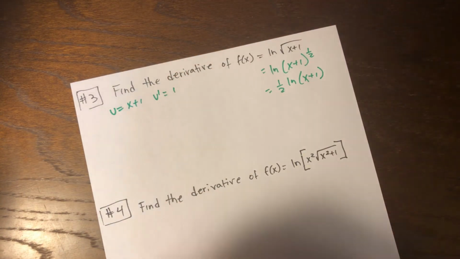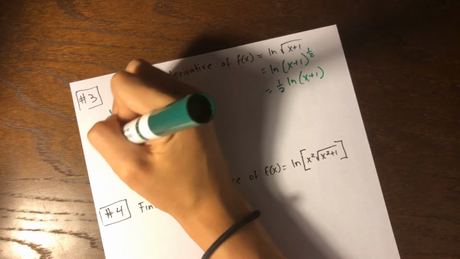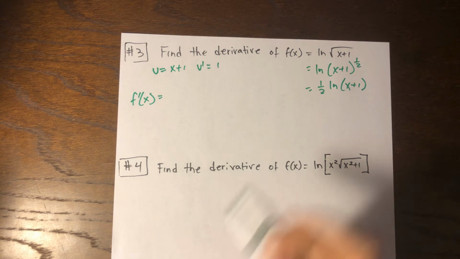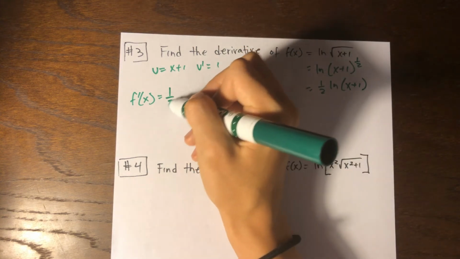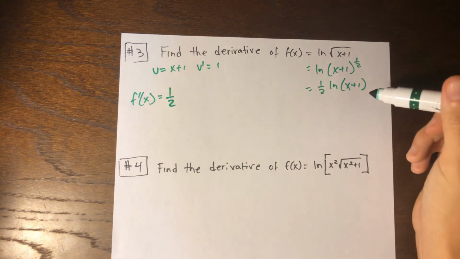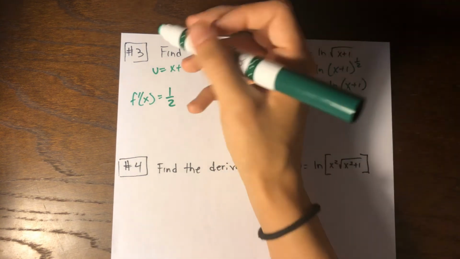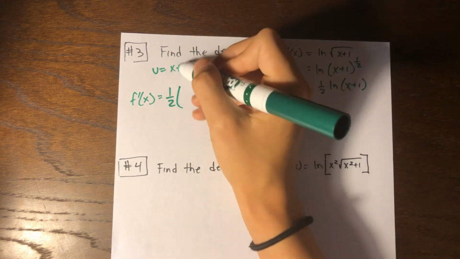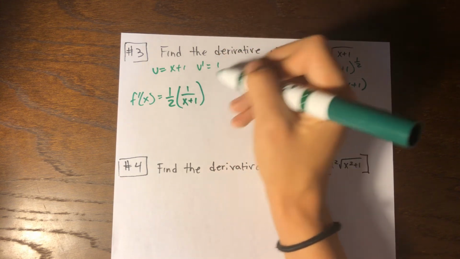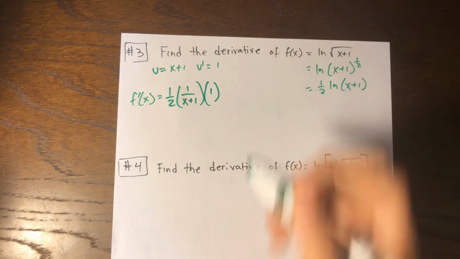Okay, so when I find the derivative, I have f prime of x. Okay, and when it comes to a constant, you keep the constant. So the half stays, okay? And the derivative of the natural log of x plus 1, right, is just 1 over u. So 1 over x plus 1 times the derivative of u, which is 1.